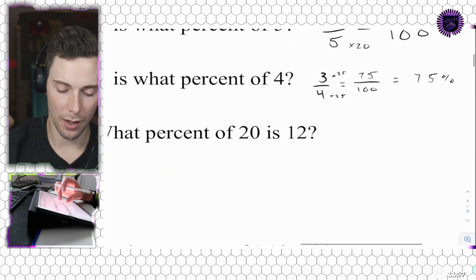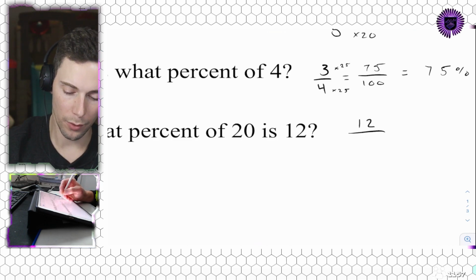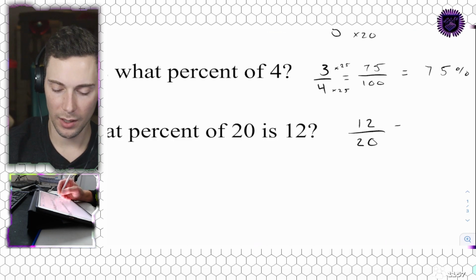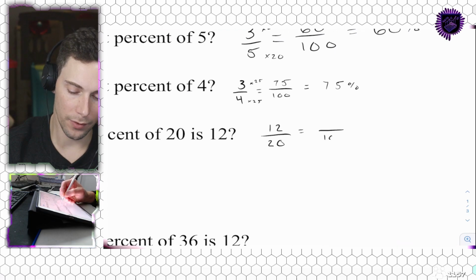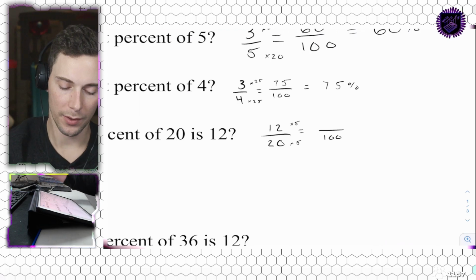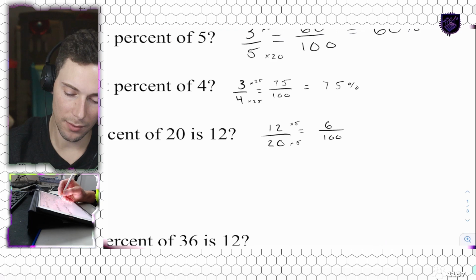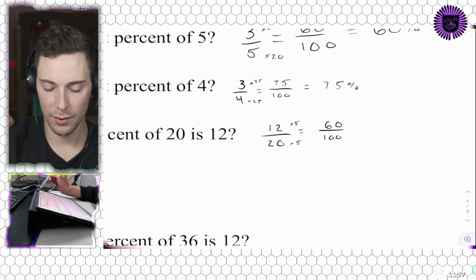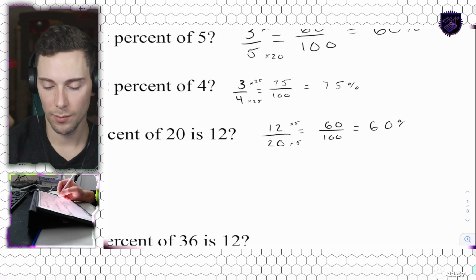Now, what percent of 20 is 12? So 12 over 20. How do we turn that into something over 100? You multiply by 5, multiply by 5. So this is going to be 60 100ths, 60%.